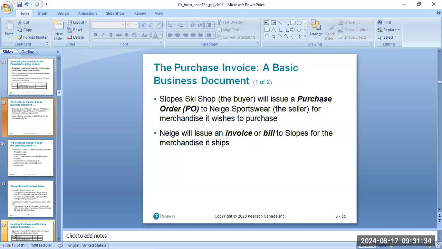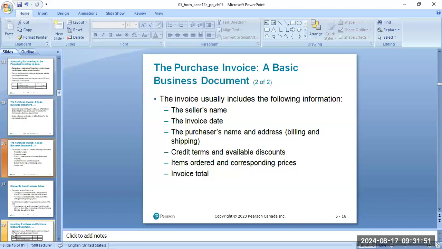The items on the invoice have to match the items on the purchase order. Usually the buyer already has the unit price from the seller, so they can even match the unit price from the purchase order and the invoice.